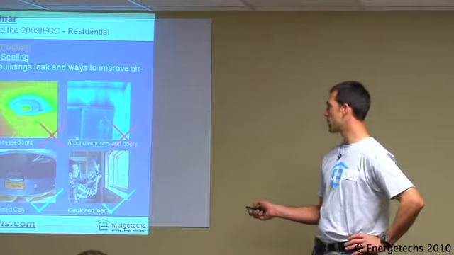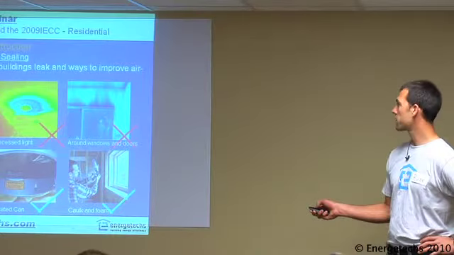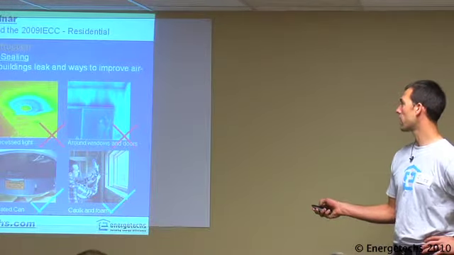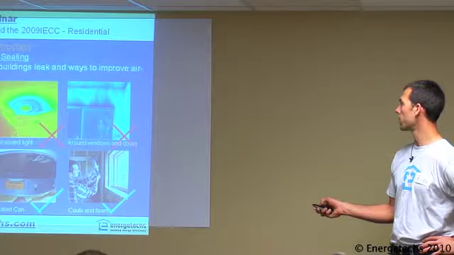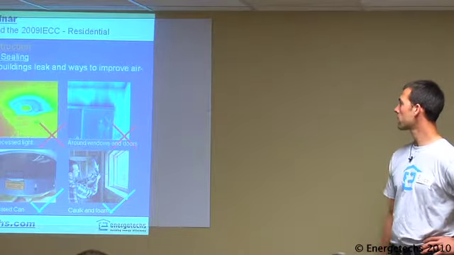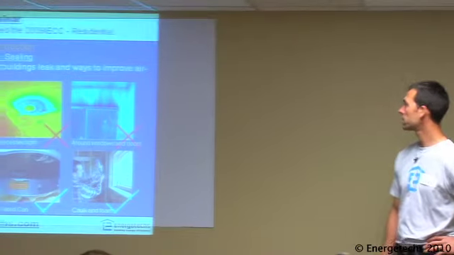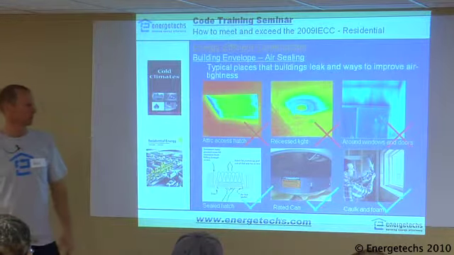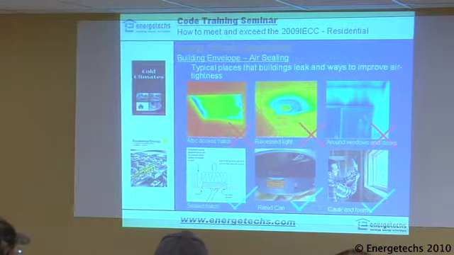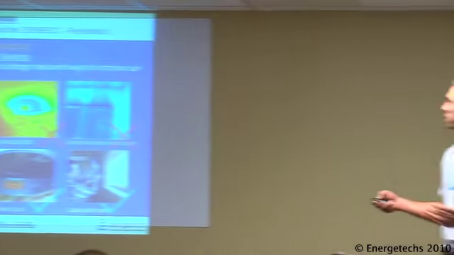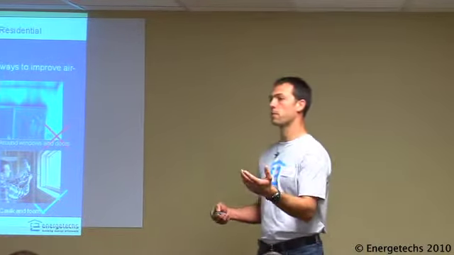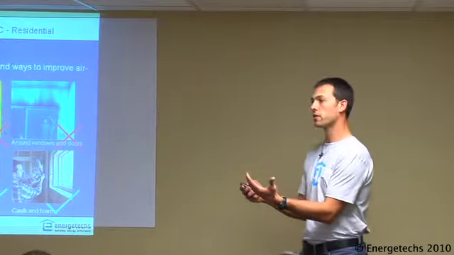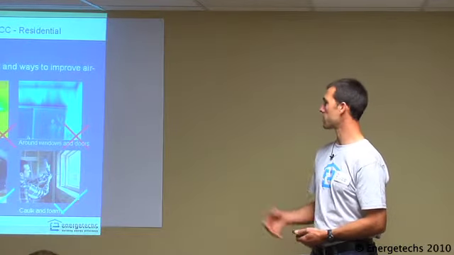So this is a thermal image of an attic access, unsealed, not very well insulated, with air just leaking in around the perimeter. With an infrared camera, when you see these streaks across the surfaces, that's air leakage. The camera shows temperature differential. So in some situations, the air leaking in is going to be warmer than the air in the building, and in some situations, the air is going to be colder.